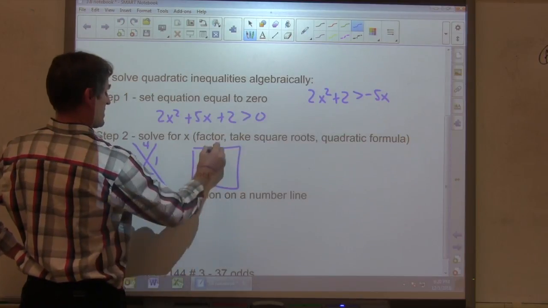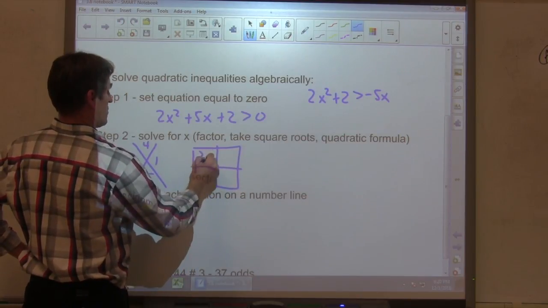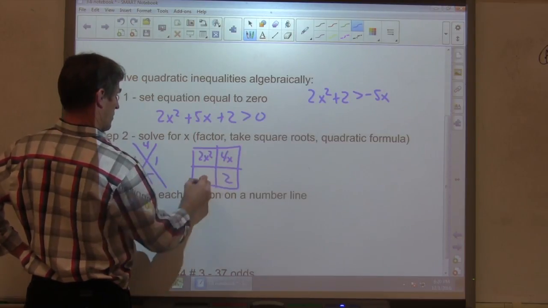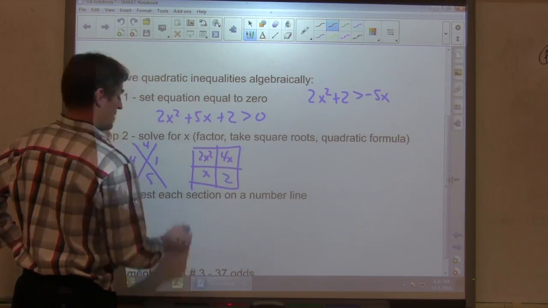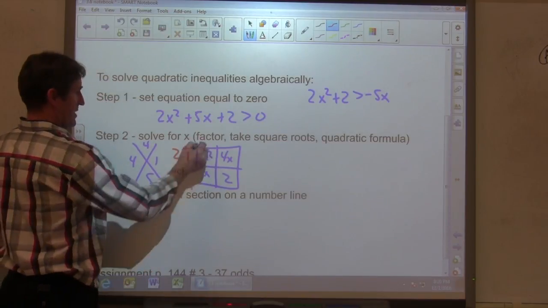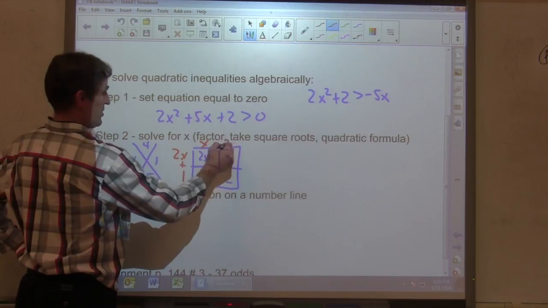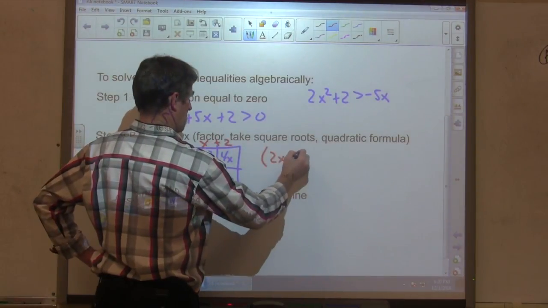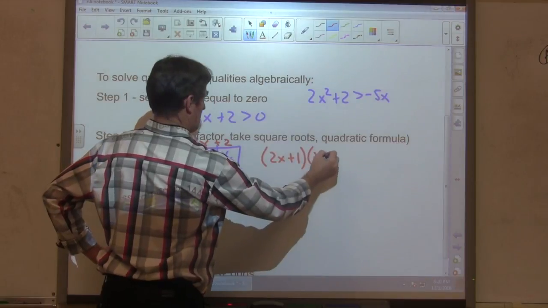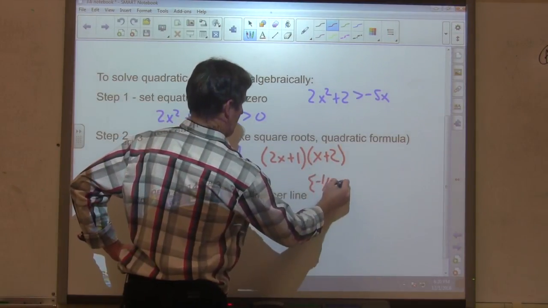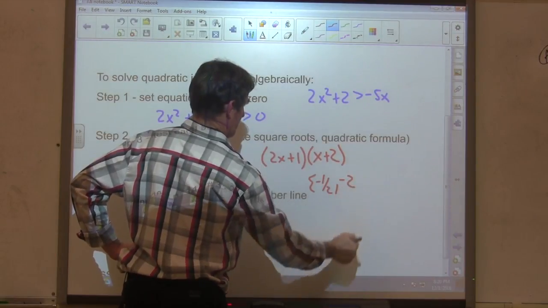We have to build the box. 2x squared, 2, 4x, x. 2x, 1, it's plus because the first box is positive, x, 2, plus, so 2x plus 1, and x plus 2, and so we get negative 1/2, negative 2.